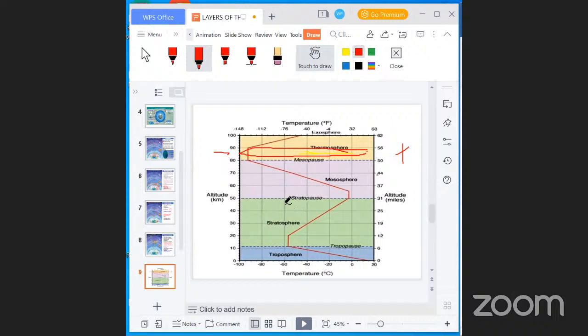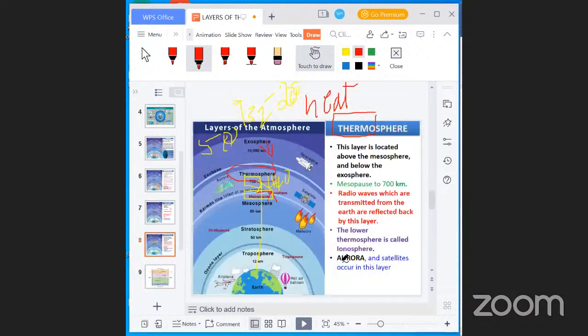So the temperature increases with height, right? The aurora and satellites mostly occur in this layer. You see the aurora and satellites here. An aurora is a natural light display in the sky, particularly in the high latitude regions.